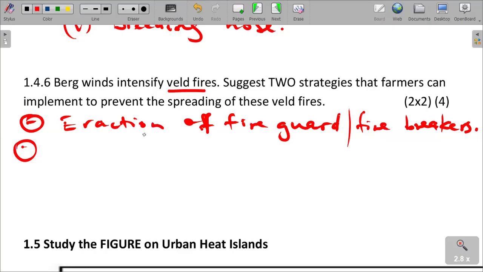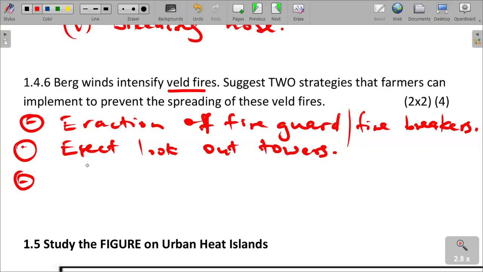And then we also talk about security, which is lookout towers. Erect lookout towers. This also helps in watching the chances of fire outbreaks.